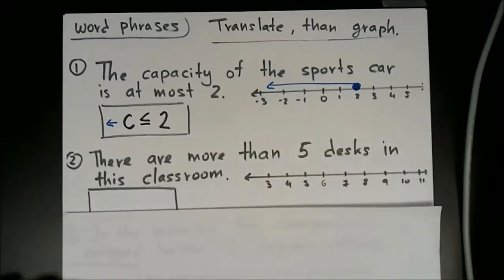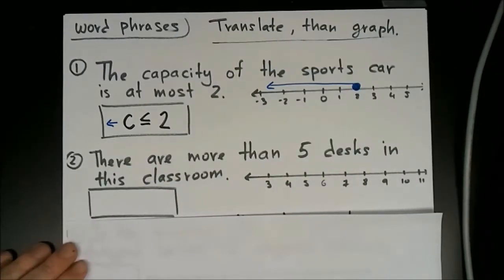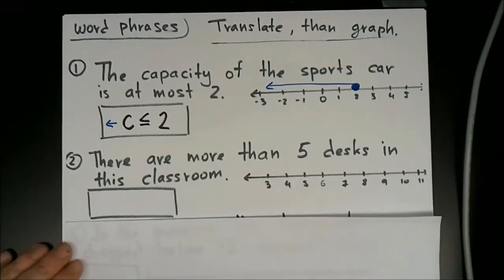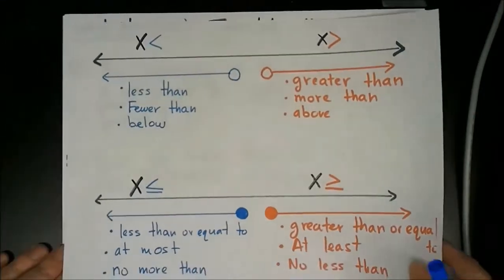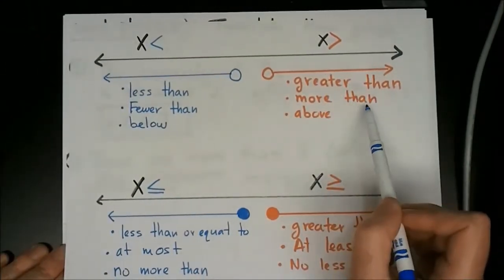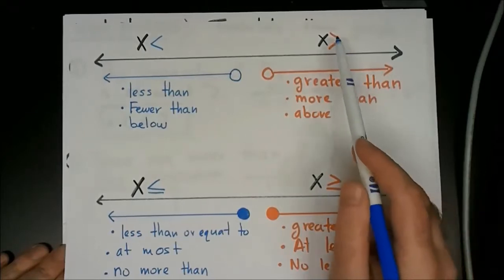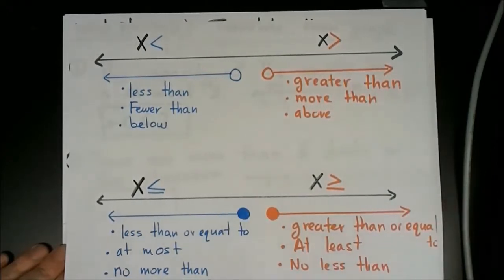Alright, let's take a look at another one. Someone in the class, please read number 2. So let's look at the keyword. More than. Let's look at our cheat sheet. More than, right here. It's a simple alligator symbol, it's not one of the combos.